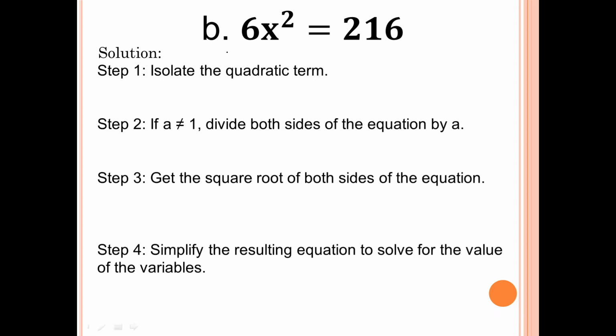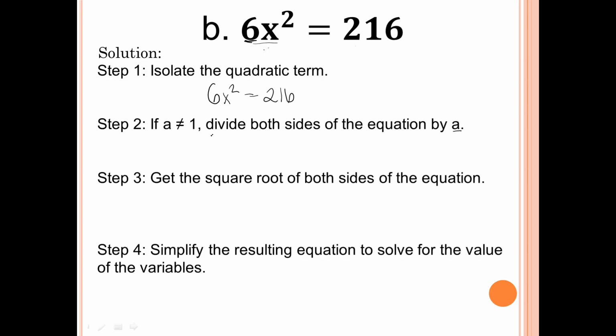So again, we will follow the 4 steps. Then isolate the quadratic equation. As you can see, naka-isolate na po itong quadratic term natin. So kopyahin na lang muna natin for our step 1. For step 2, if a is not equal to 1, divide both sides of the equation by a. So as you can see, the value of a here is 6.